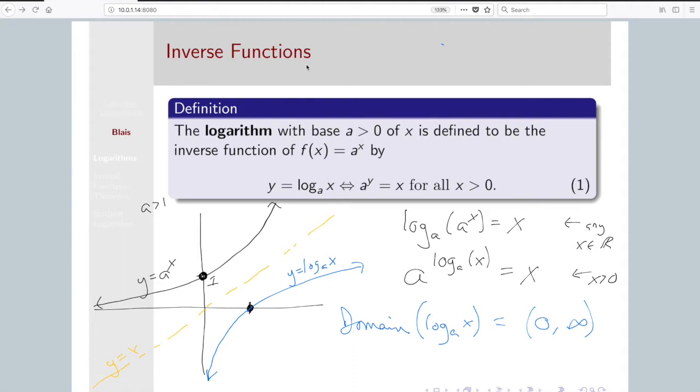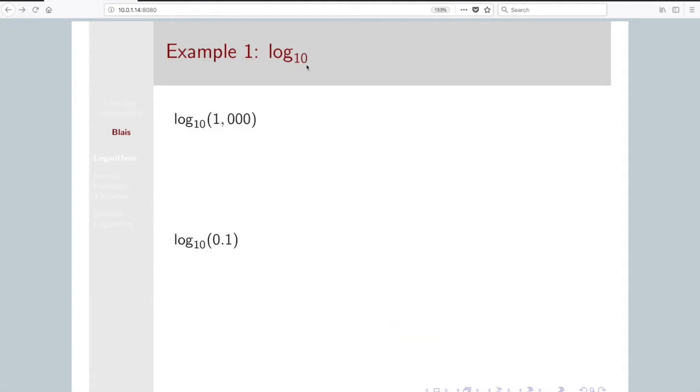Now, many of you have probably seen this sort of treatment of logarithms in high school. But what we want to do, to figure out what these are, we can answer this by saying, okay, this is log base 10, which means it's the inverse function of 10 to the x.